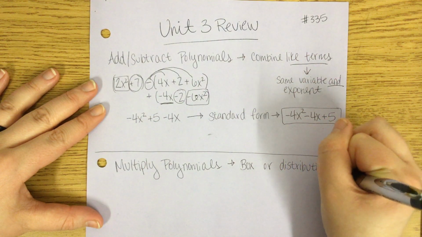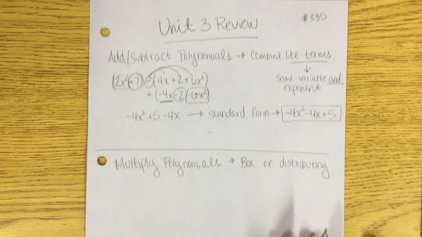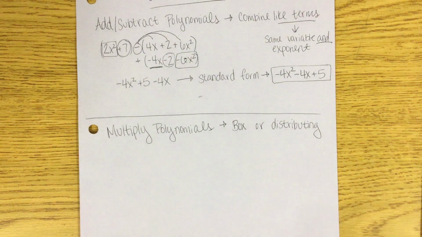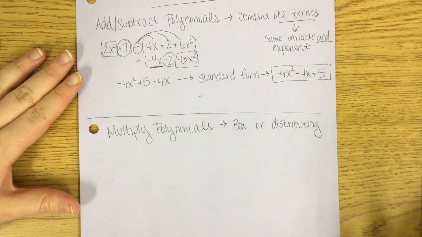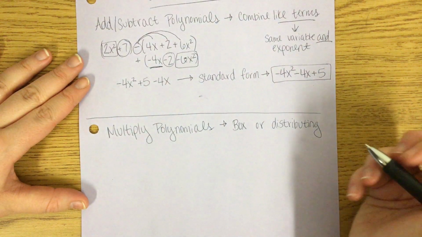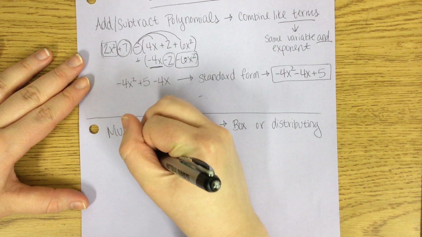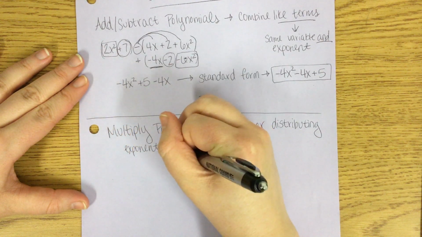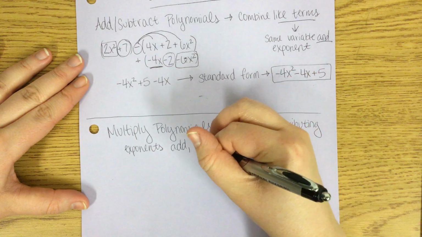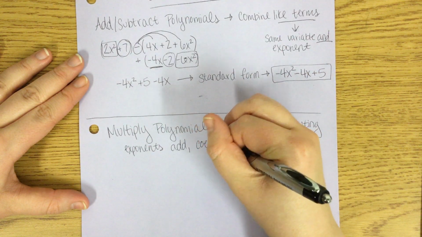Okay, so I'm not going to do any examples because I know a good chunk of you prefer the box or a good chunk of you prefer distributing, and I don't want to have you fill up your paper with a method that you don't personally like to use. Okay? But I just want to remind you, when we are multiplying polynomials, if we have two variables multiplying together, we add the exponents, and we multiply the coefficients.